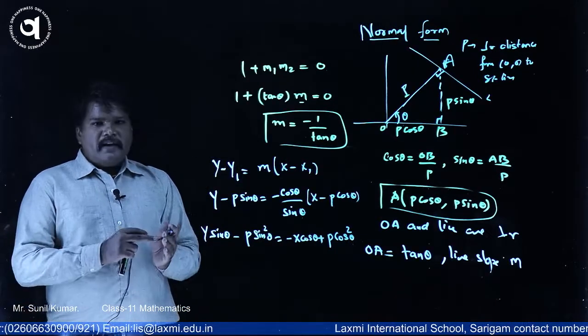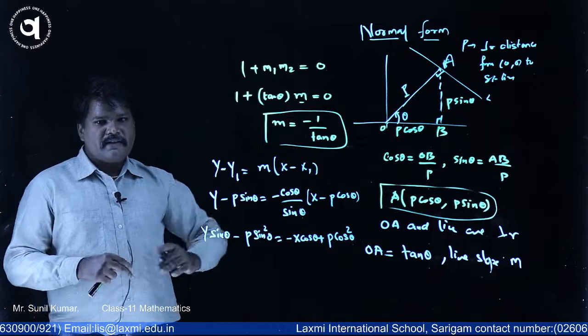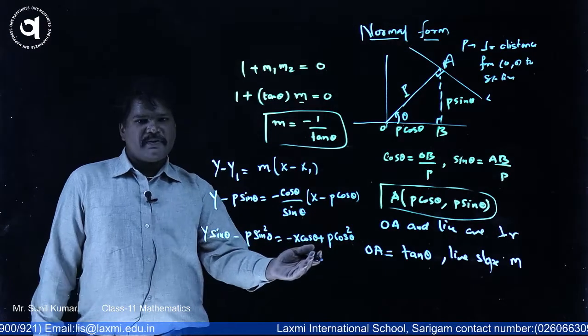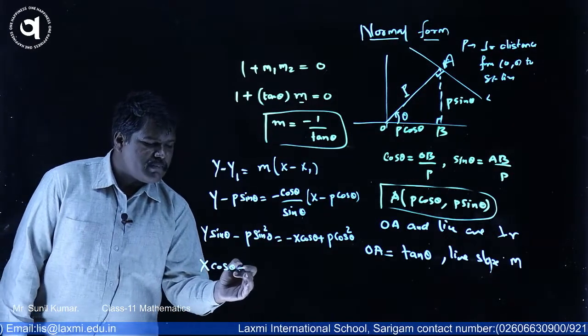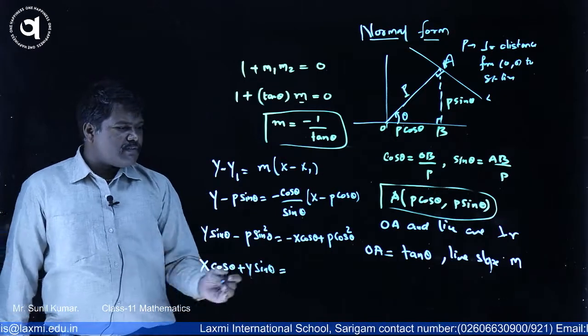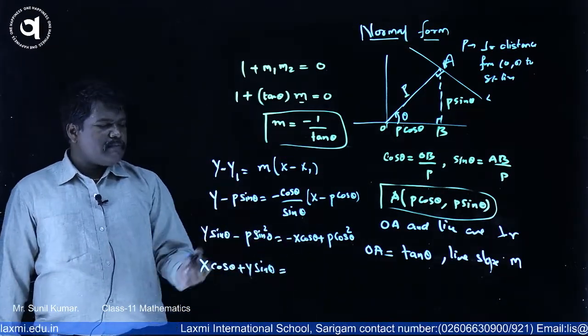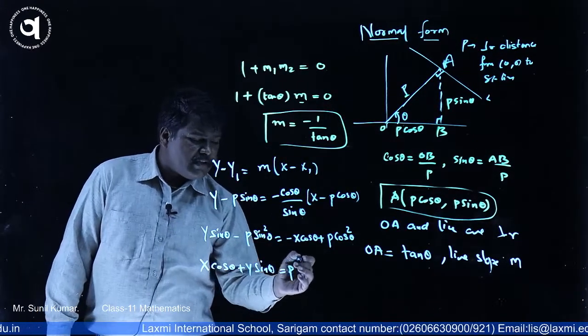Now, in the line equation, generally x and y terms will be on one side and the constant on the other side. So, this x cos theta I will take to the left side. So, I will get x cos theta plus y sin theta is equal to, your constants are what? p cos square and minus p sin square.